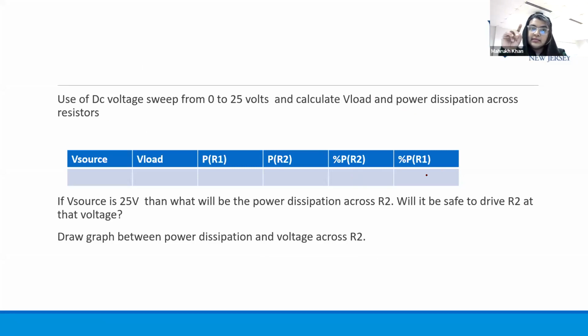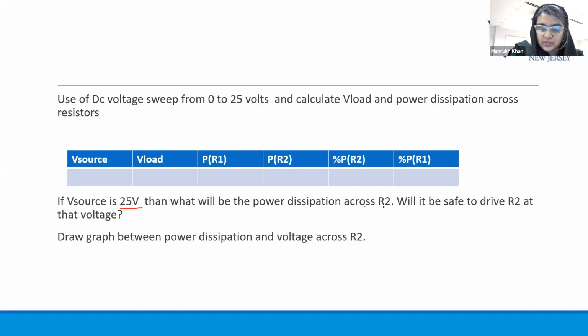If you think 25 values are too much, you can take every alternate value, so it will make them half. We just want to know the trend that you are getting in the table for multiple values for the V load and power dissipation.